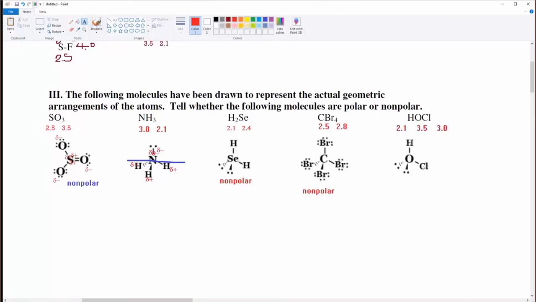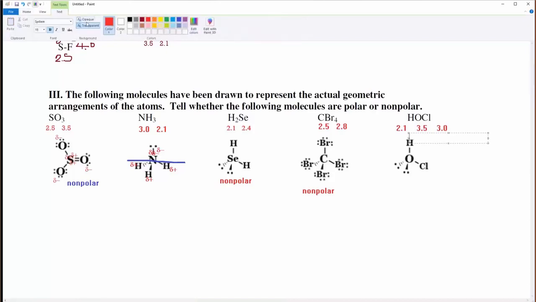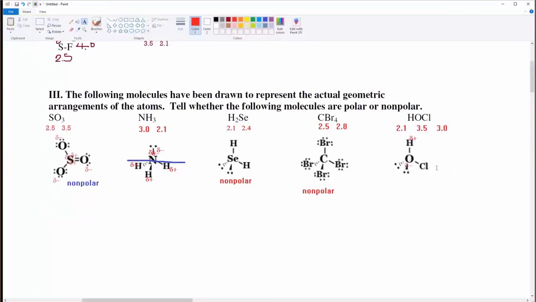Okay, so we're just going to compare, say, H to O. Is the OH bond polar? Yes, because the difference is 1.4. So the hydrogen gets to be partial positive, and this oxygen gets to be partial negative. Okay. Is the OCl bond polar?